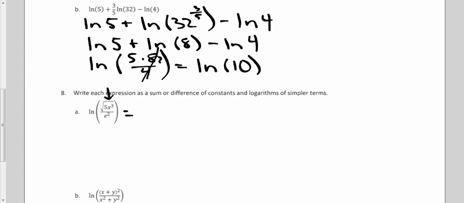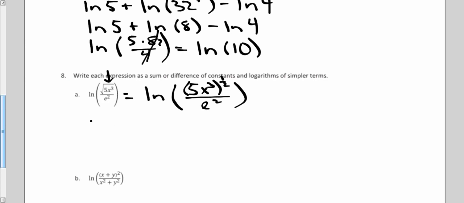So this is going to be the natural log of 5x cubed all to the 1/2 power over e squared. Now, quotient rule equals natural log of 5x cubed to the 1/2 power minus natural log of e squared.